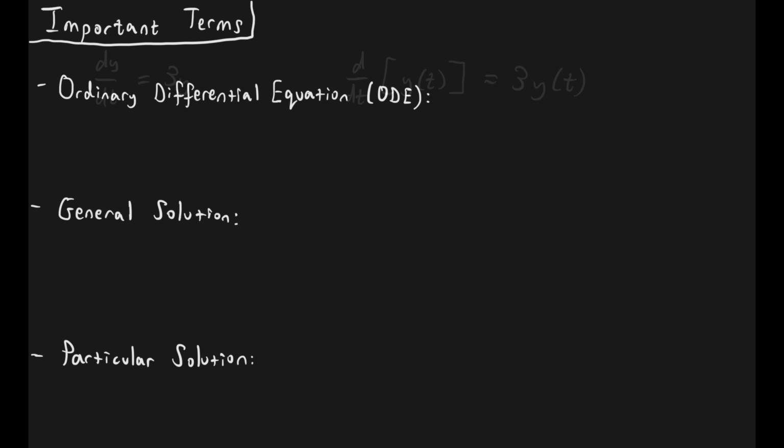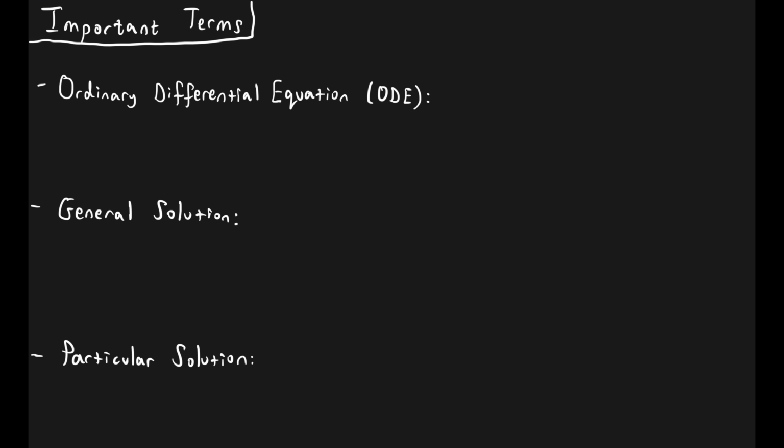However, before we move on to learning how to solve differential equations, there are some important terms we need to cover because they're going to show up repeatedly in your journey of learning how to solve differential equations. Let's start with the term ordinary differential equation, also known as an ODE. Now, this is a term that's going to show up in almost every course or problem you solve of differential equations.